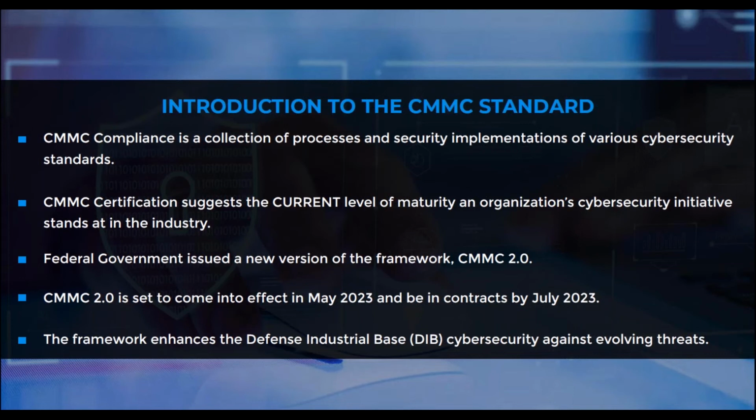The federal government issued a new version. The earlier one was 1.0, and now it is 2.0. It is supposed to come into effect from May 2023, and from July 2023 it is supposed to be in contracts, which is where it is required. Companies are jumping onto CMMC 2.0.